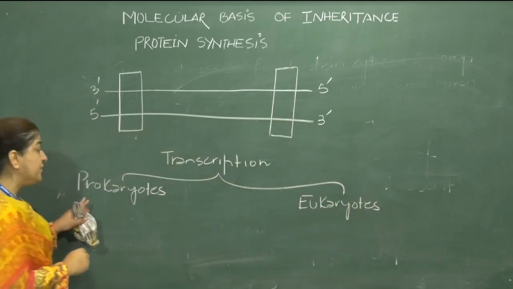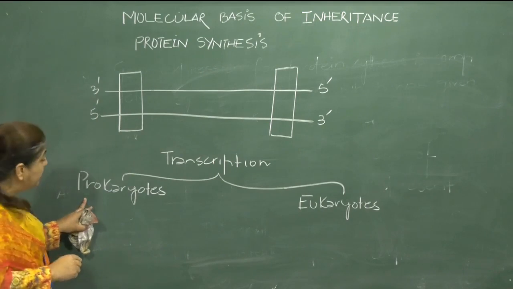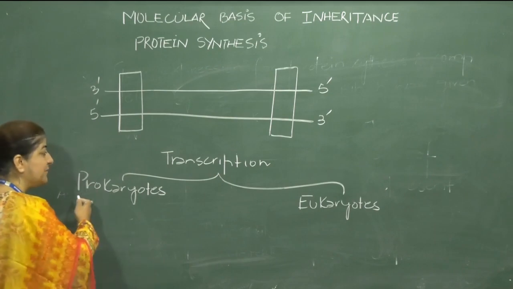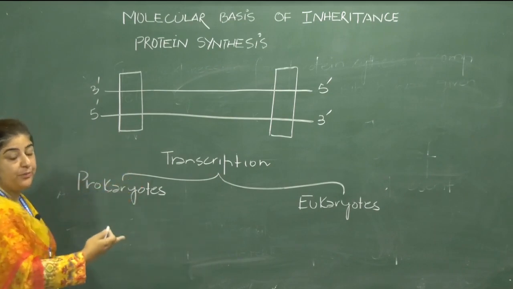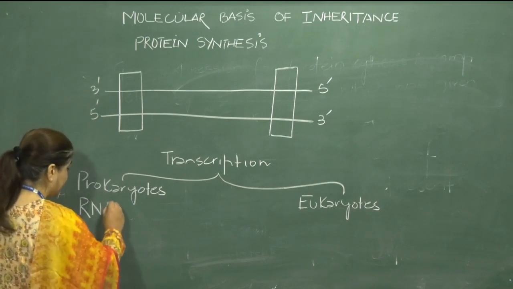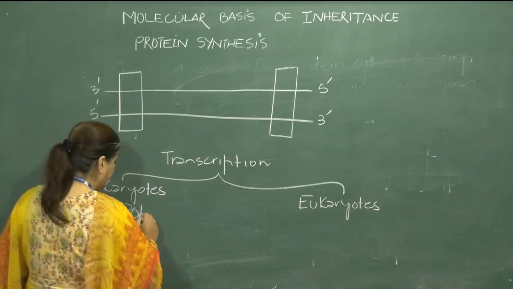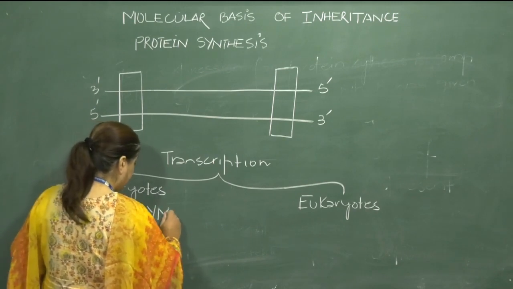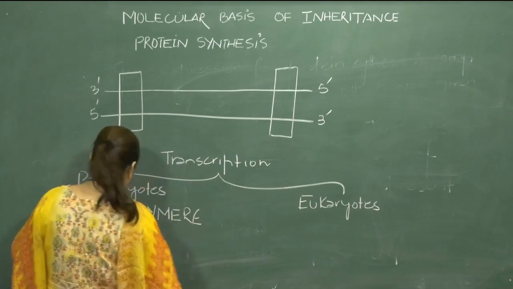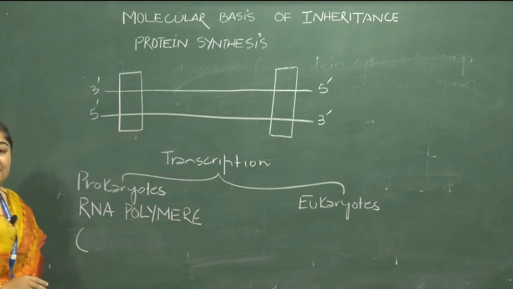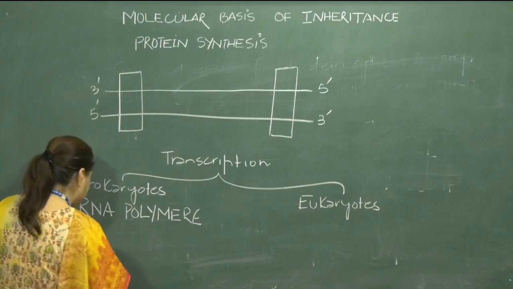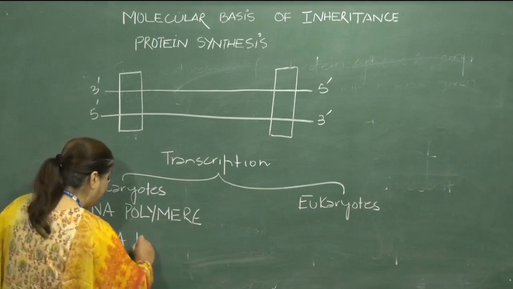When we talk about prokaryotes, the process of transcription requires certain enzymes. The enzyme required for transcription in prokaryotes is known as RNA polymerase, or we also call it DNA dependent RNA polymerase.